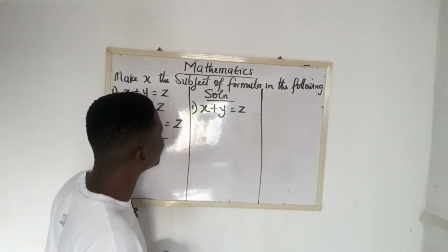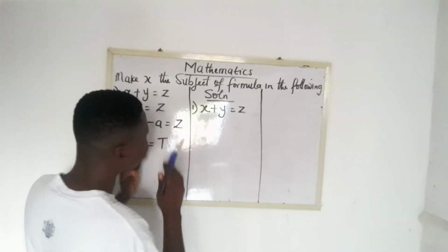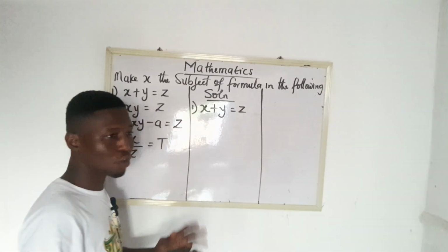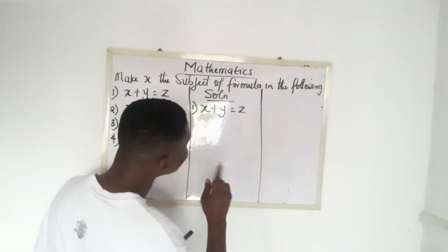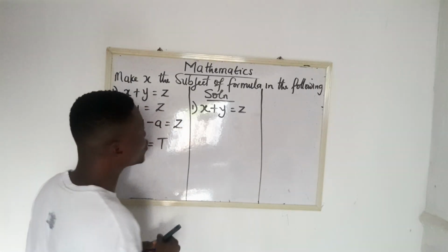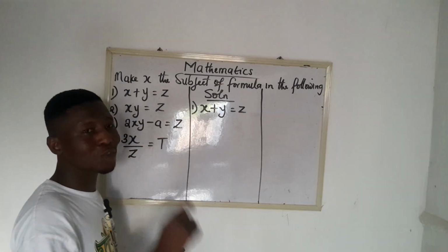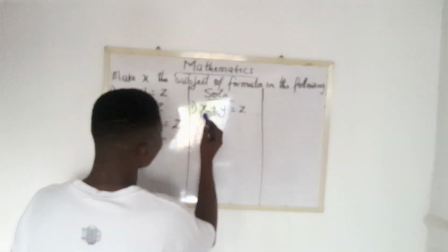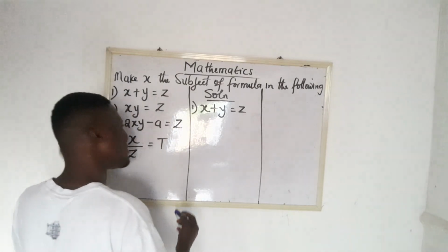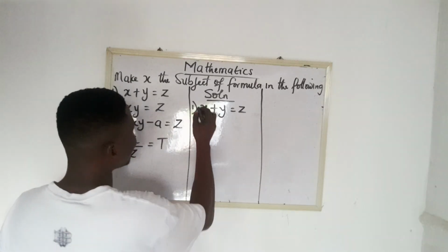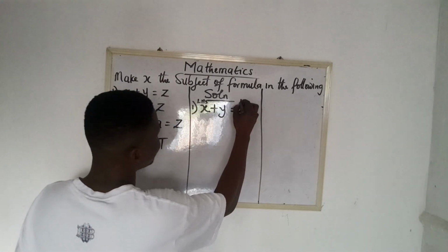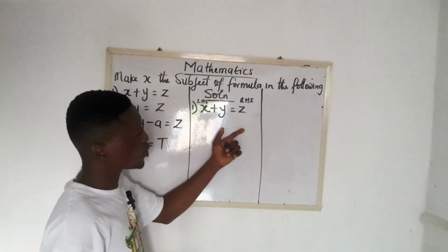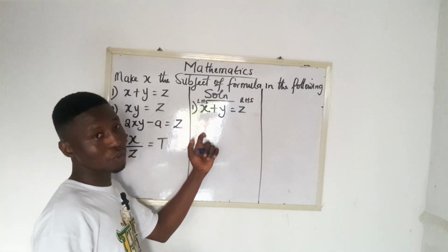Whenever you have the variable that you want to make the subject of the formula, the first thing you need to do is locate where that particular variable is. In our case, our variable x is on the left hand side of the equation. This is the left hand side, and this is the right hand side.